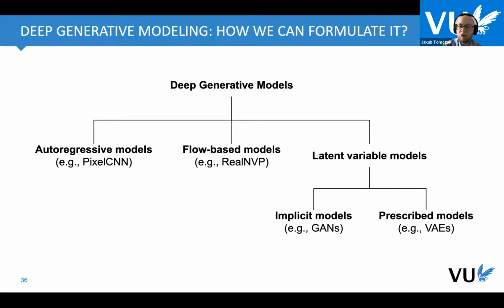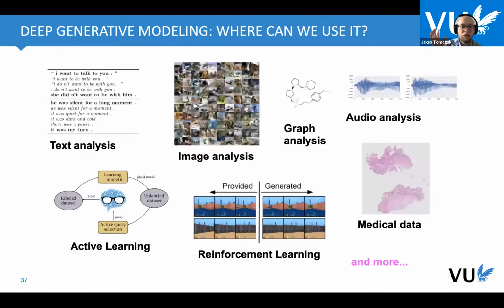It is a very active research line, applied to many different fields: standard AI fields like text, image, and audio analysis, but also graph analysis, to generate molecules with very specific properties for virtual screening, for instance. Also reinforcement learning, active learning, where an agent tries to dream about the future, and also medical data, and so on.